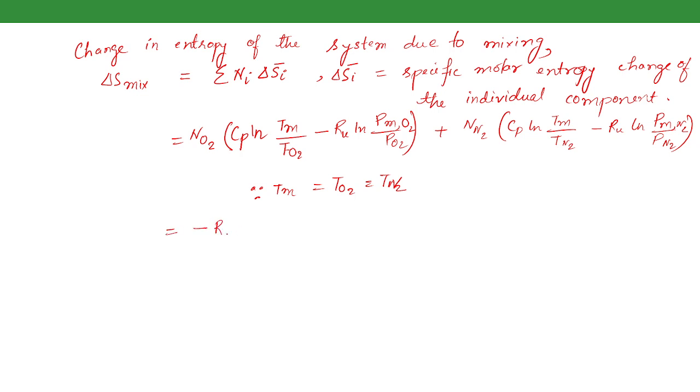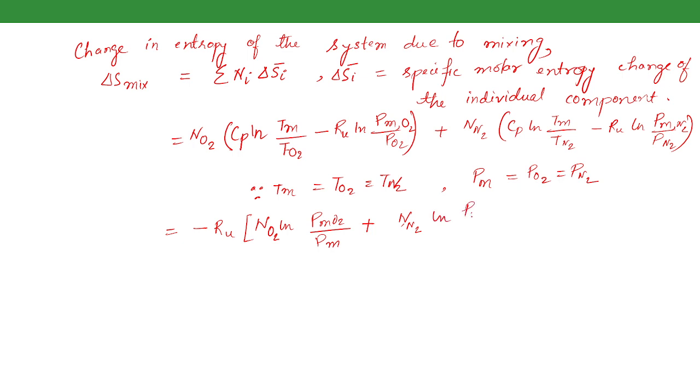So delta S mixture becomes minus R universal, NO2 ln of PmO2 by PO2, and so on. The total pressure of the mixture is equal to the pressure of the individual component, so PO2 can be written as Pm. This is the partial pressure of oxygen in the mixture, and this is the total pressure of the mixture. Let me write it in subscript. This is the number of moles of oxygen, and this is the number of moles of nitrogen.